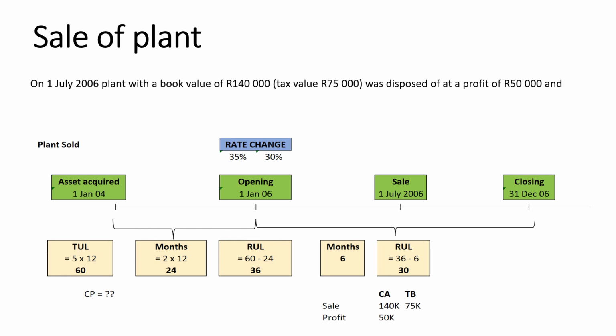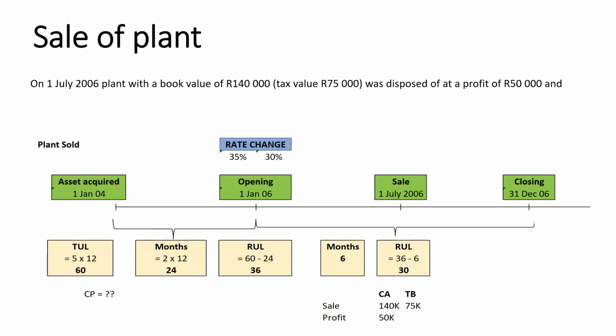Now, for the plant that you are selling: plant with a book value of 140,000 rands, the tax value of which was 75,000 rands, was disposed of at a profit of 50,000 rands. The rest relates to the plant that you acquired in the new year, which we will cover in the next slide. Focusing on this slide, remember, the question told you that all plant was acquired on 1 Jan 04.